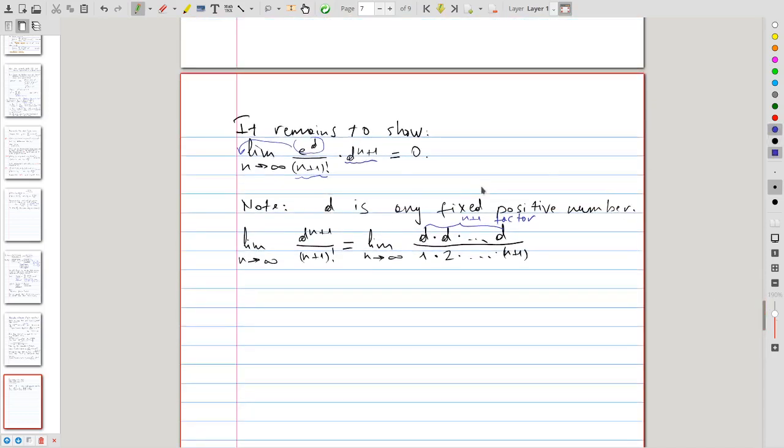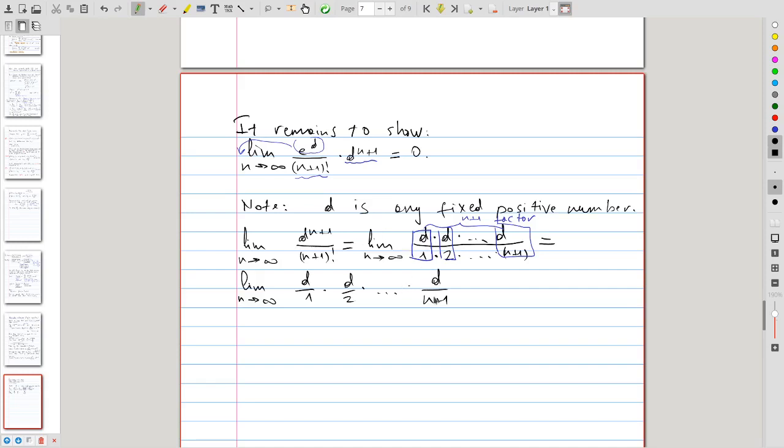So what we should do now is to group our factors in this way, so that we have a product of n plus 1 fractions. So we rewrite the limit as the product d over 1 times d over 2 times and so on, times d over n plus 1. d is a fixed positive number.